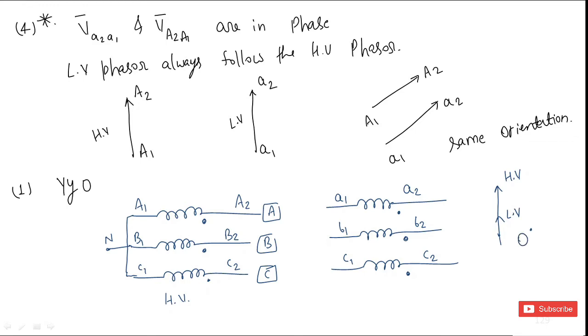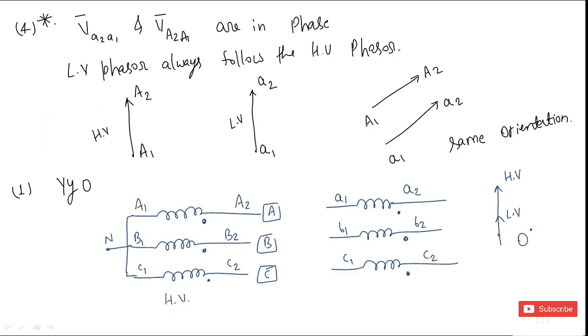Okay, so first let me make the phasor diagram for high voltage side. For HV, you know, this A and N always facing towards 0. Okay, keep in mind. Now phase sequence is ABC, so draw B phase, C phase, and you know this is A2.